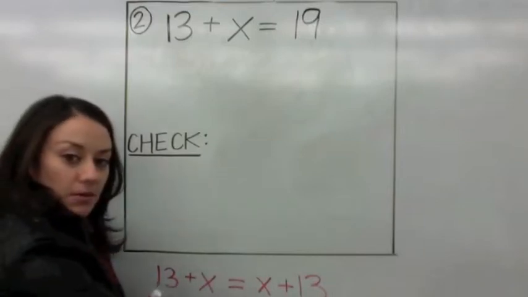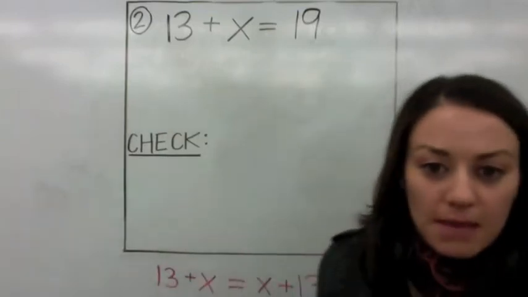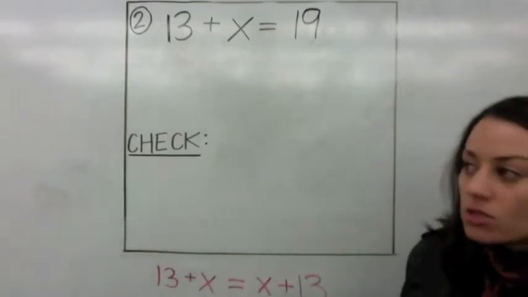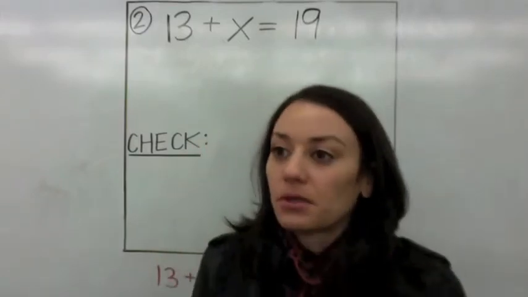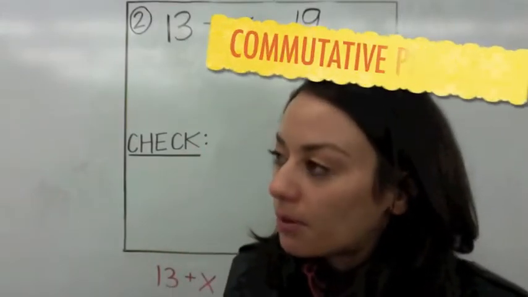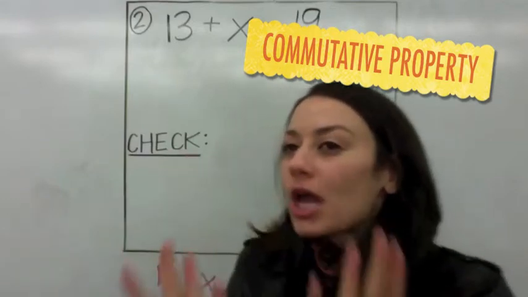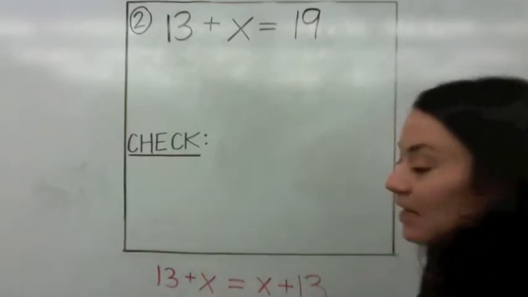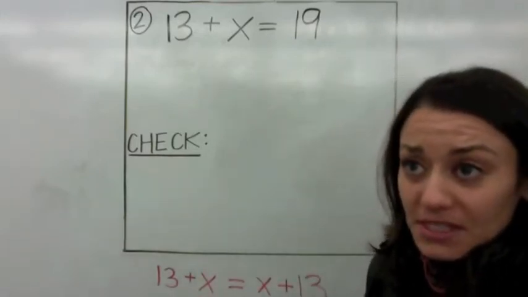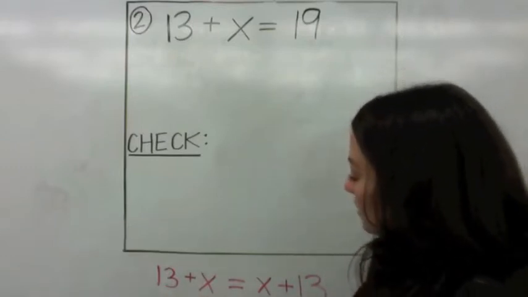Yes. With addition, it doesn't matter where you put the numbers. That's called the commutative property, meaning you can change where the number is and it's going to give you the same value. So 13 plus x and x plus 13 are the same.